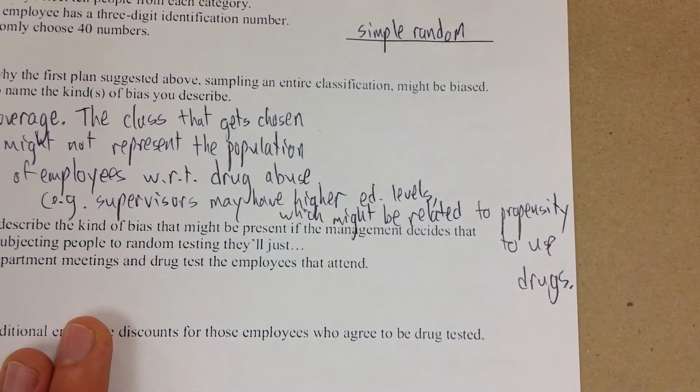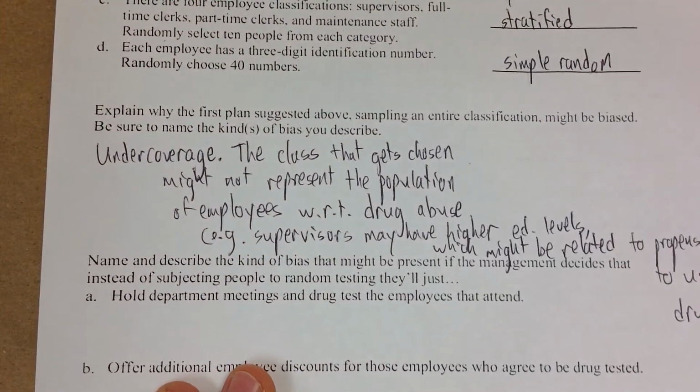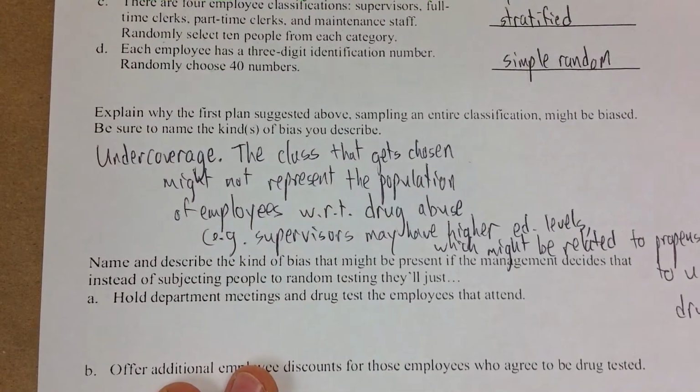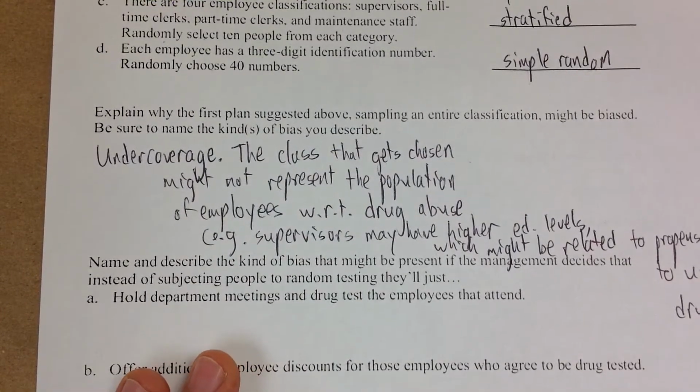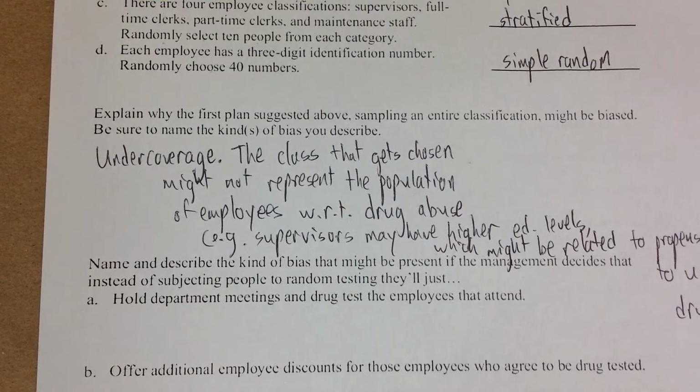Any questions or comments there? So undercoverage, response bias, non-response bias, and voluntary response bias at a minimum. If you look in the Barron's book, there are certainly other sources, you might find others.